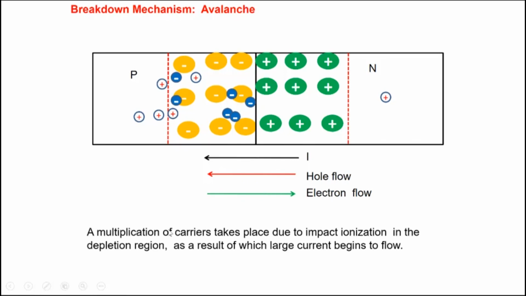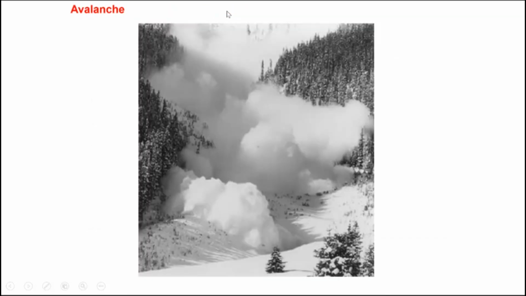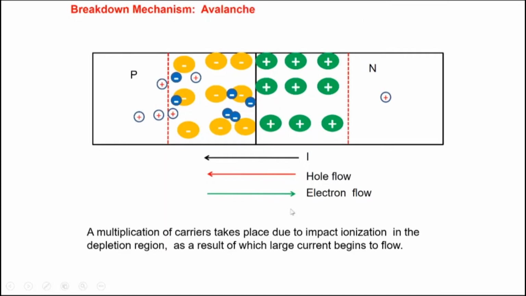So this multiplication process is what we call the avalanche breakdown here. Avalanche, like in the mountains, it may start off with a little bit of snow falling down, and then it gathers more snow, and eventually you find all this big mass of snow coming down here. So a similar process is occurring here.